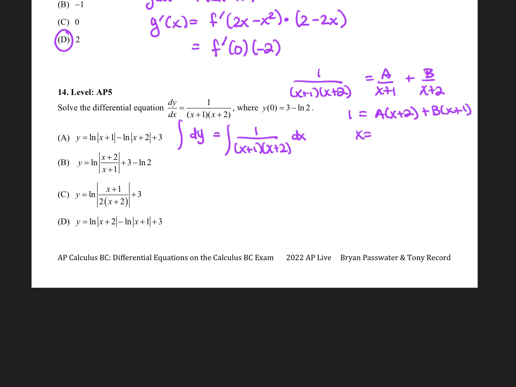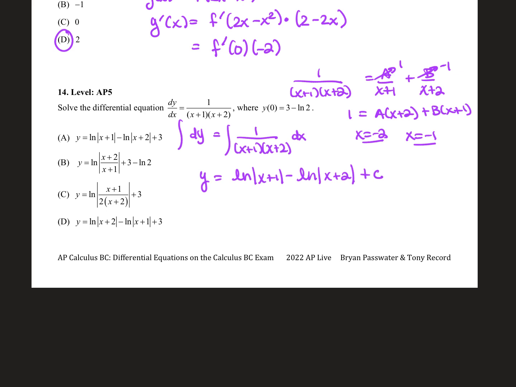If x is equal to negative 2, we're going to get B is equal to negative 1. If x is equal to negative 1, we're going to get A is equal to 1. So integrating all of that, you're going to get the natural log of x plus 1 minus the natural log of x plus 2 plus c.